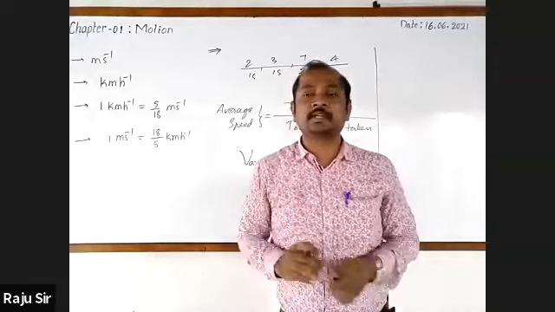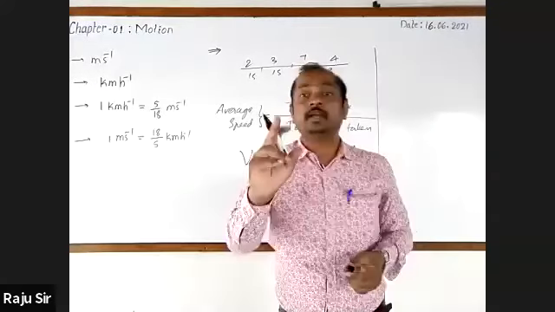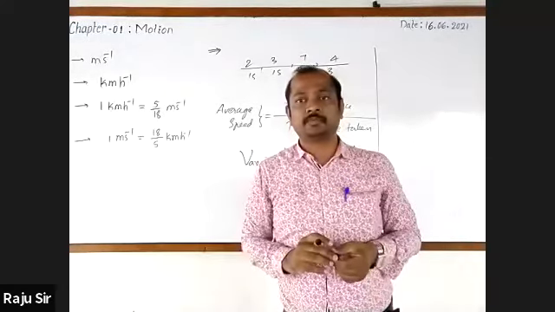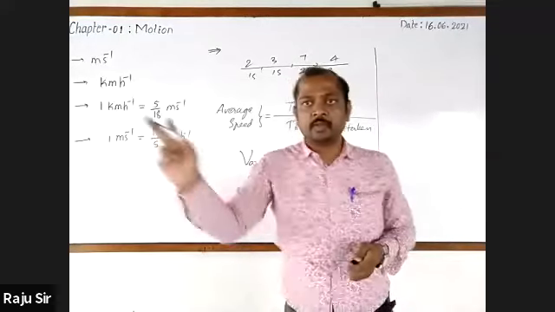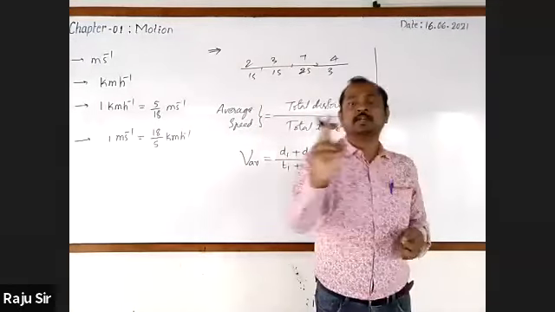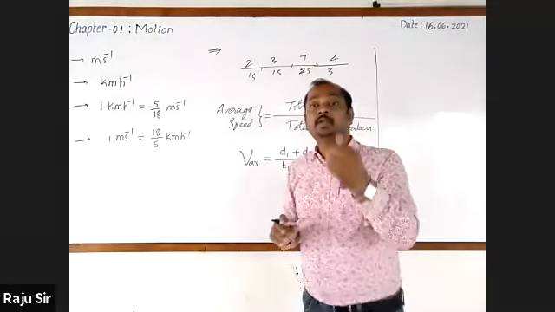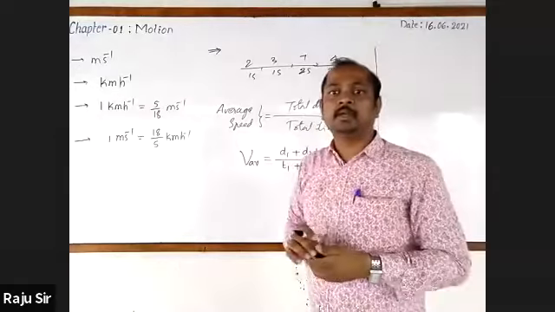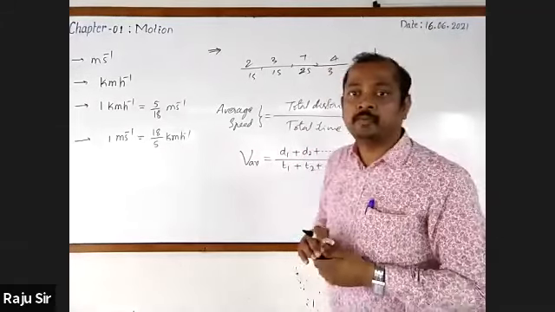Under such condition, we will go for considering its average velocity. Followed? When a body is moving in a straight line, if it covers unequal distances in equal intervals of time, then its velocity is said to be average velocity.